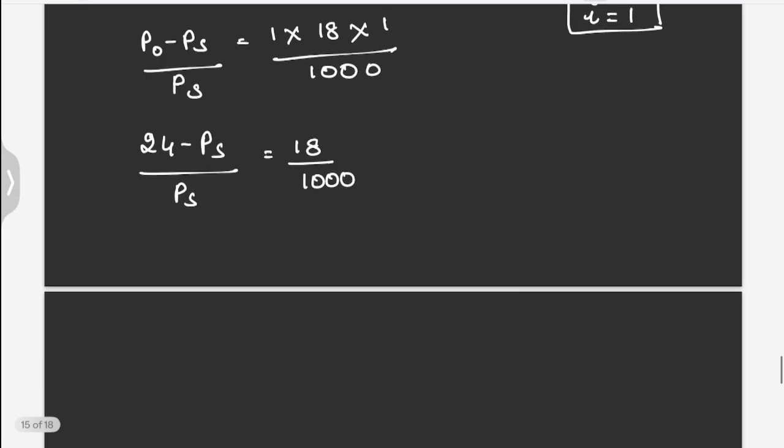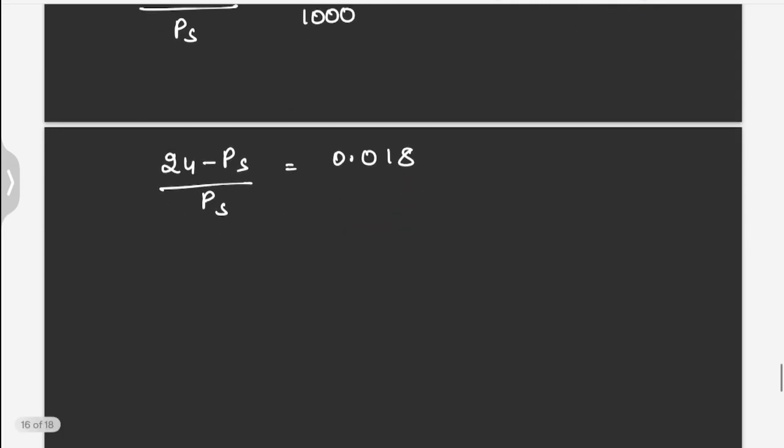Next step: 24 minus PS divided by PS is equal to 0.018. Here 3 zeros are there, so count 3 numbers, 1, 2, 3, and then put the point. So we got 0.018.